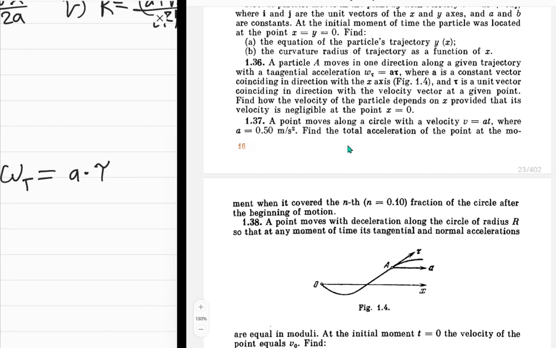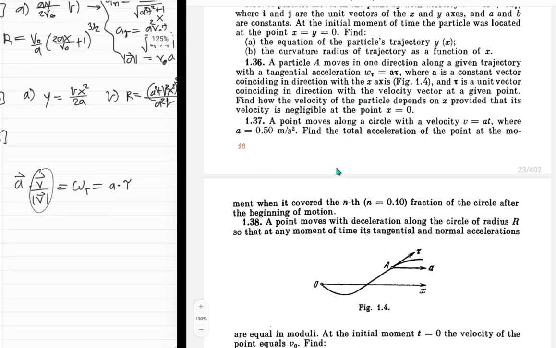And tau is a unit vector coinciding in direction with velocity. Oh, so you can just say this thing was tau itself. So A vector dot tau, oh, I should probably say this thing. Okay, so don't use that. Just use W, W vector. And I don't like using W, it just feels awkward.